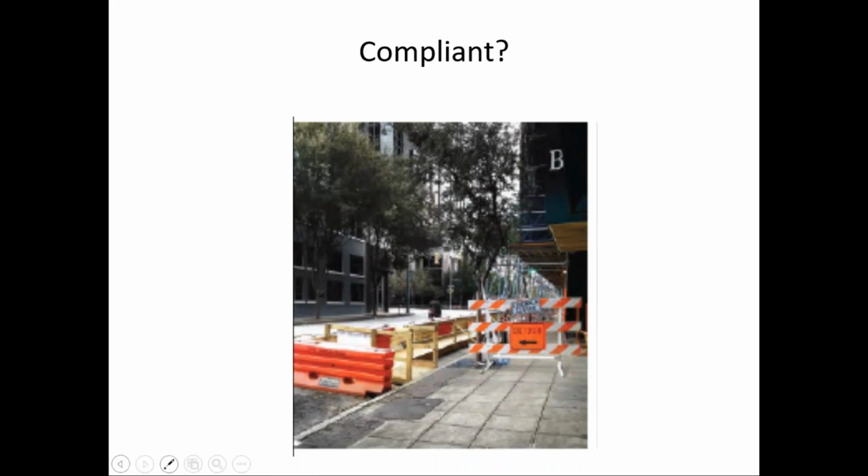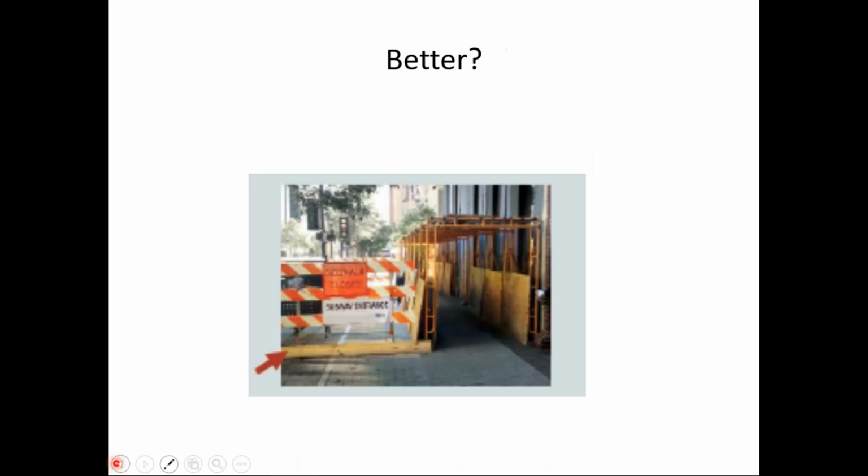Now this is a different city, different project, but here it looks like they're closing part of the sidewalk and want to channelize pedestrians under the canopy here. This is the alternate access route. And notice they still have a type 3 barricade, but they've put in a bottom rail here, basically at ground level. It looks like it's flush with the sidewalk to be the detectable edge.